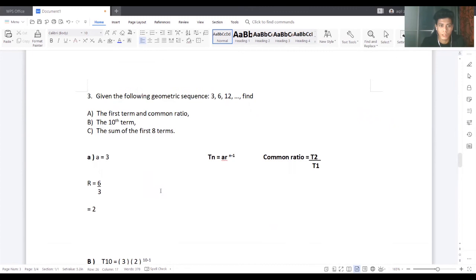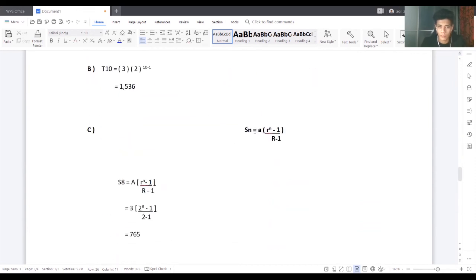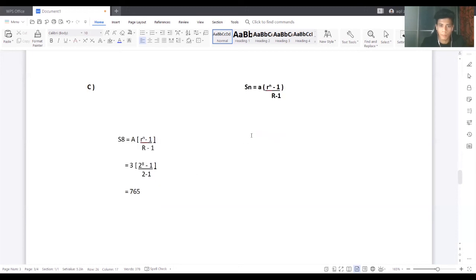Then moving on to C, the question asks to find the sum of the first 8 terms. So this is the formula right here, Sn equals a(r^n - 1) divided by r - 1. We just apply the information given, n replaced with 8, and then just follow this formula right here.